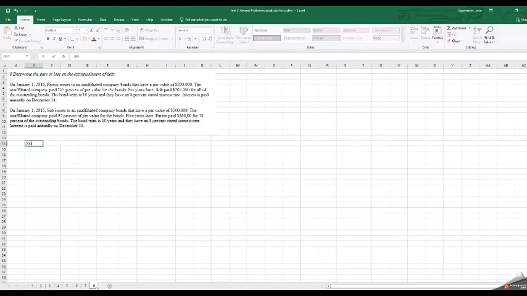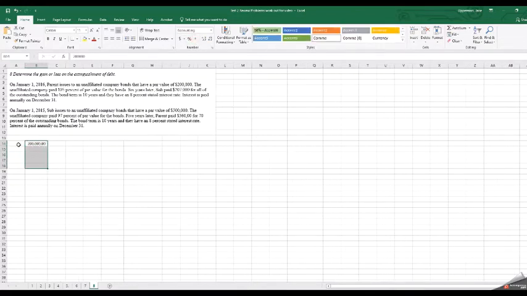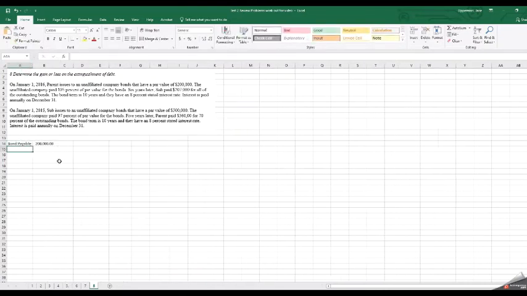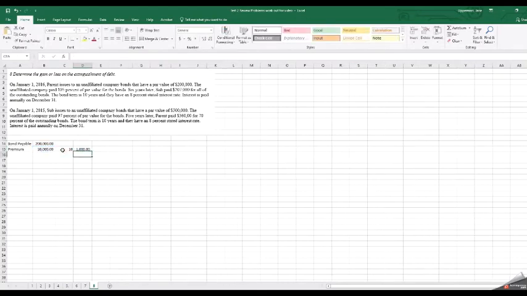So the parent started with the bond payable of $200,000. They would have been, again, at a premium. And the premium would be the 5%. So $10,000 premium. So if they were 10-year bonds, they would have been amortizing those out at $1,000 a year, right?